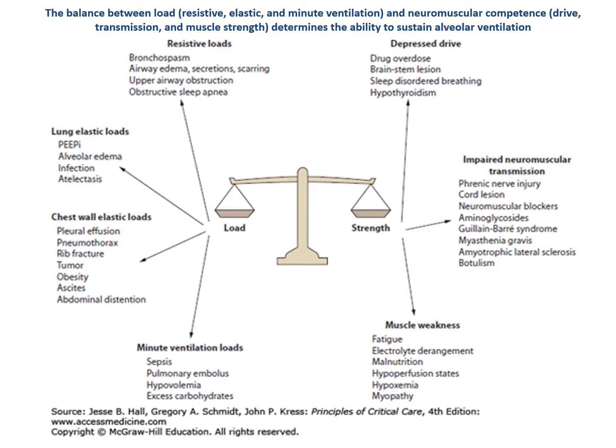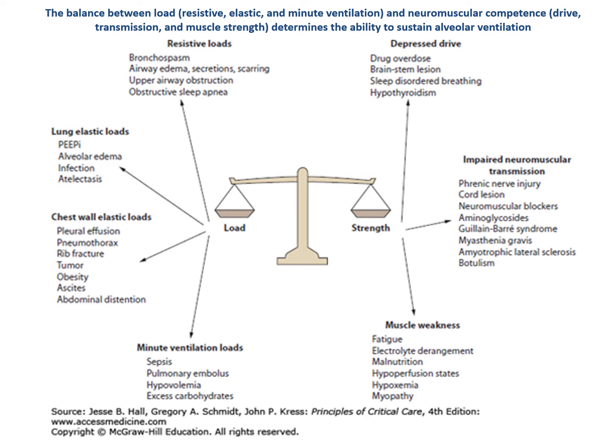You see here the balance between load and neuromuscular competence determines the ability to sustain alveolar ventilation. On the left side we have load, on the right side strength. Loads include resistive loads, lung elastic loads, chest wall elastic loads, and minute ventilation loads.